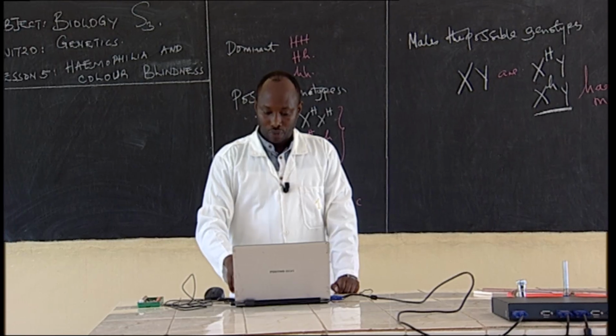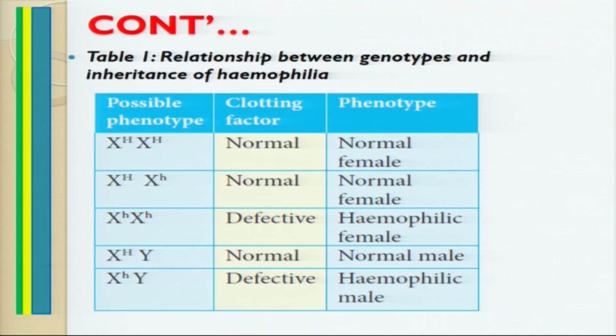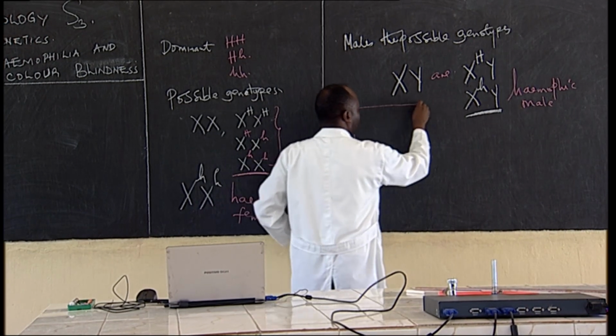Okay? Let's go through the diagram on the relationship between genotypes and inheritance. We have the chart, a table, and you go through the table.